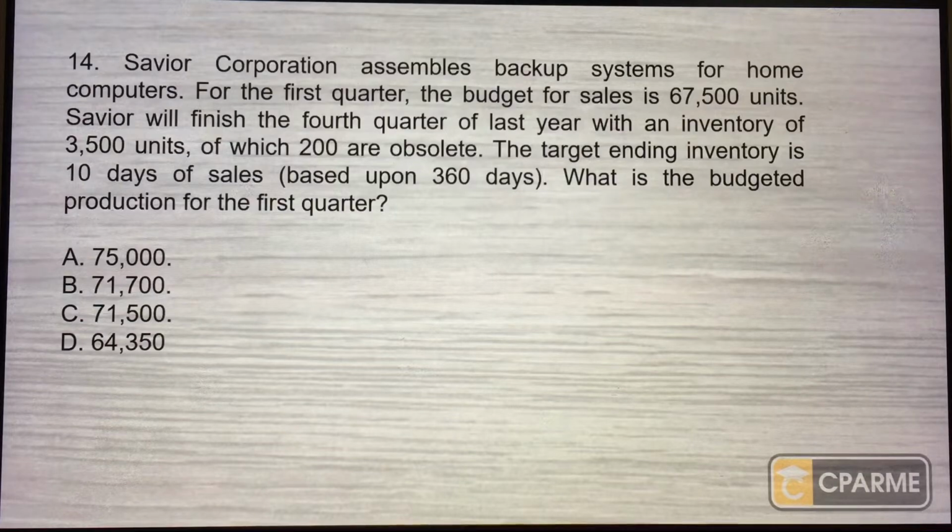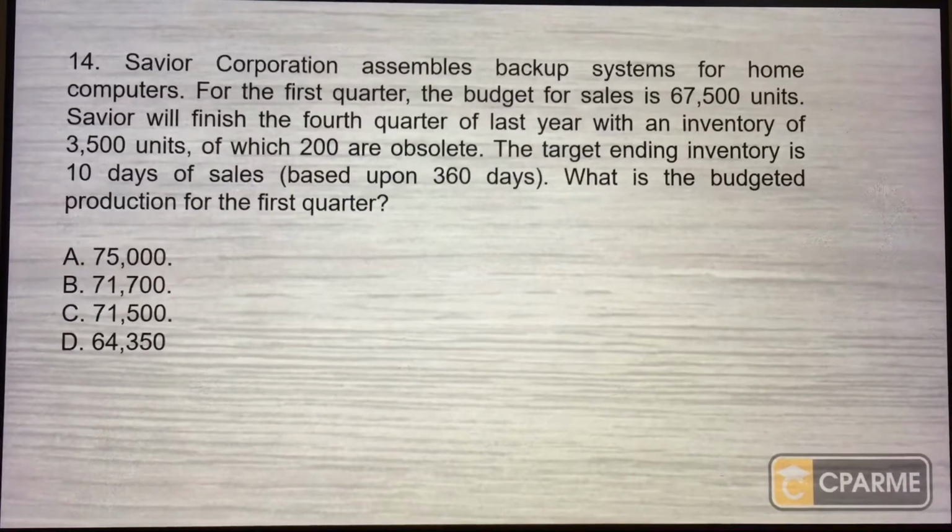What is the budgeted production for the first quarter? So again, budgeted production is the same thing. We will start again from the formula: sales, or the number of units sold, plus ending inventory less beginning inventory. Xavier Corporation assembles backup systems for home computers.